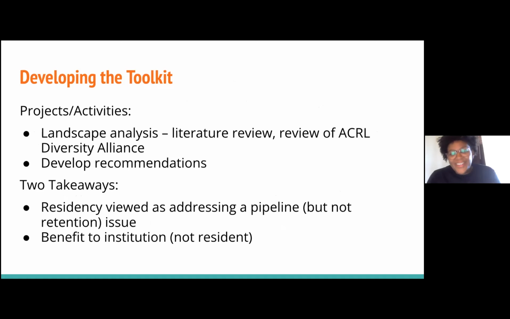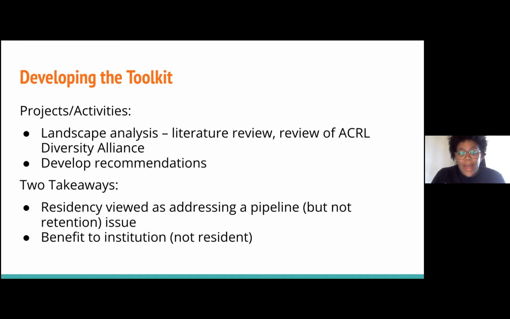Hello. So in developing the toolkit, we met these goals through a couple of projects and activities. Landscape analysis is the first thing we did. It included a literature review and a review of ACRL Diversity Alliance commitments. We found that there was limited literature on residencies, and up until quite recently, there was a general lack of documentation, best practices, or guidance on how to structure residencies, leaving them to the imaginations and capacities of the host institutions.